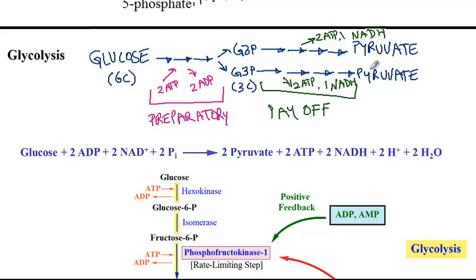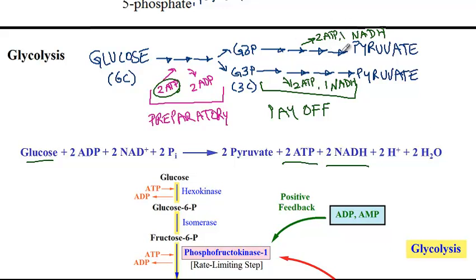And now if you look at all these reactions, 2 ATP was consumed in order to yield 4 ATP and 2 NADH. So we can say that the net reaction of glycolysis is glucose breakdown by adding 2 ATP and 2 NAD plus and 2 phosphate groups to yield 2 pyruvate plus 2 ATP, 2 NADH, 2H plus and 2H2O.